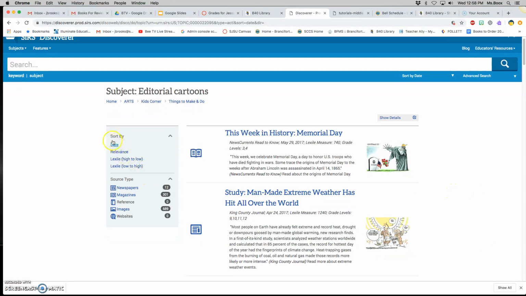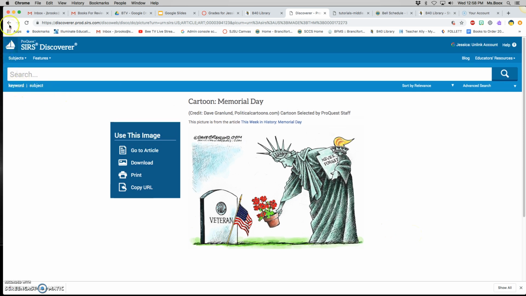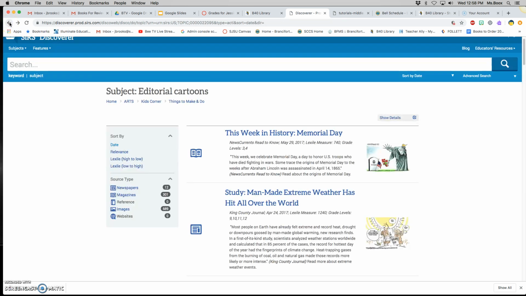So I'm sorting by date. I could also sort by Lexile level, low to high, or high to low. This is grade levels 3 to 4, having students look at a political cartoon and discuss what they're seeing and what the symbolism might mean is a pretty great thing to be able to do.